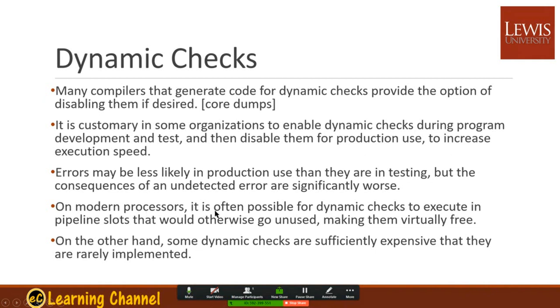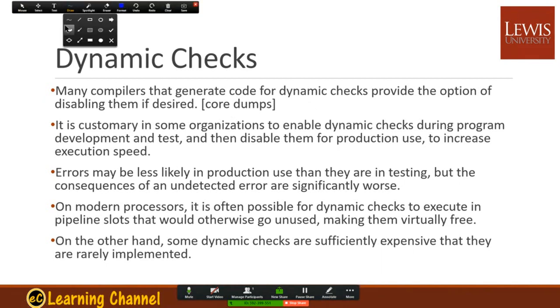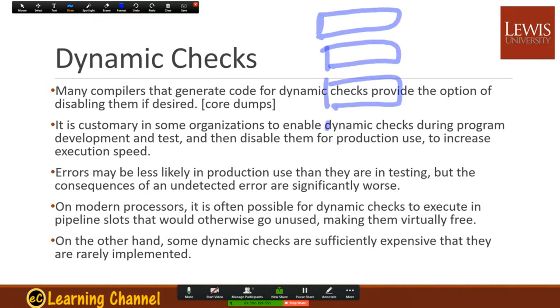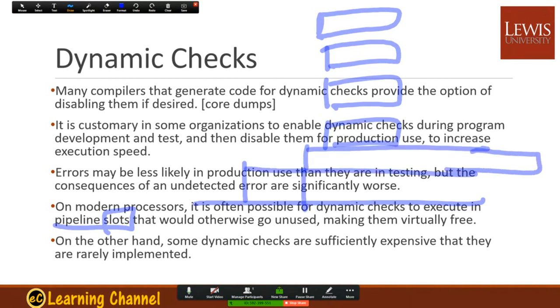On modern processors, it is often possible for dynamic checks to execute in pipeline slots. A pipeline slot is like the execution flow for each instruction. You have some instructions, and these instructions are run in a pipelined format, with 4 or 5 stages of the instruction.